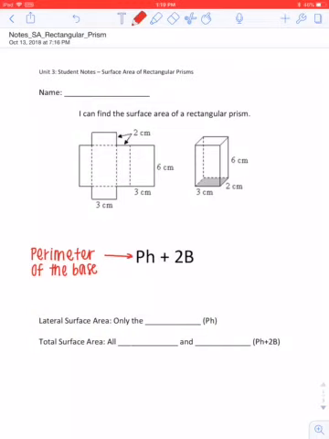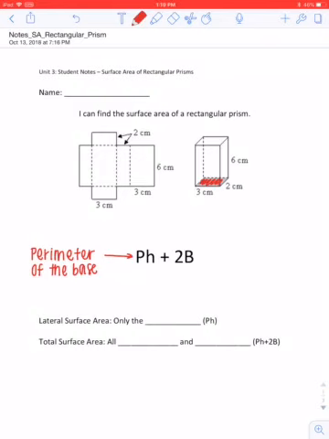In our picture at the top right, our base is this shaded portion, because that's how they indicate the base. If no side is shaded, then you can assume that the base is the side that it is sitting on, or that would be touching the ground. So for that, our perimeter of the base would be that bottom portion.